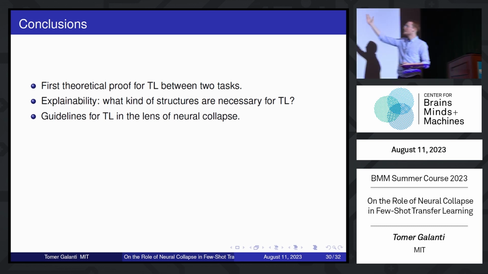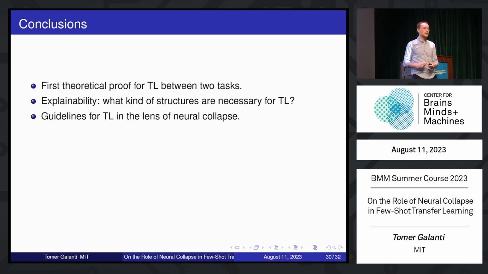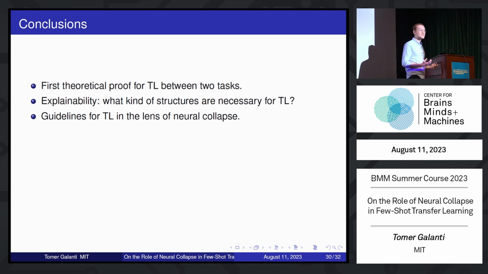I think it can also have some implications to explainability. Basically, it gives us some notion of what kind of geometric structures and what kind of representations we want to have when it comes to transfer learning. And it gives some guidelines for transfer learning in terms of neural collapse, right?